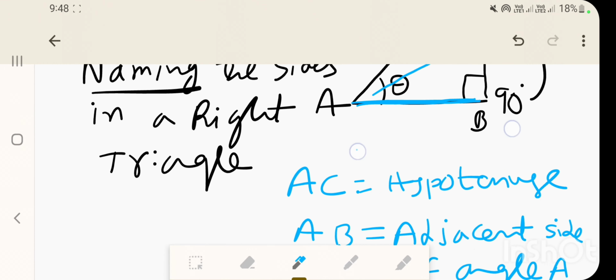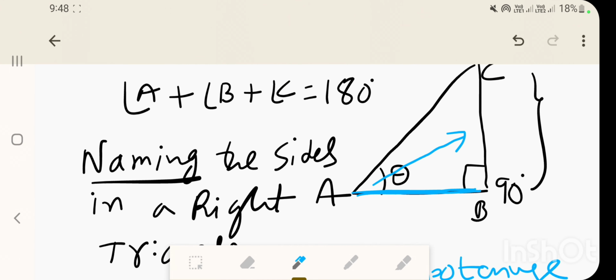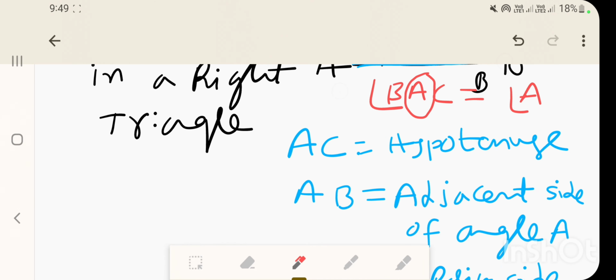Another important thing which you have to remember is, whenever we take for example angle BAC, it is nothing but angle A itself. We can consider angle BAC, whichever alphabet we have at the center, that is the angle itself, angle A, and here it is angle theta. Okay, so this you have to remember.